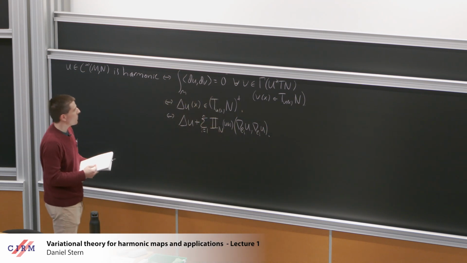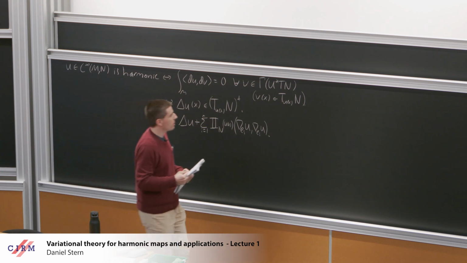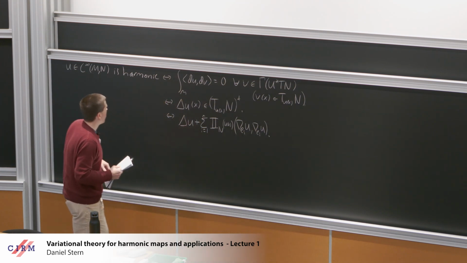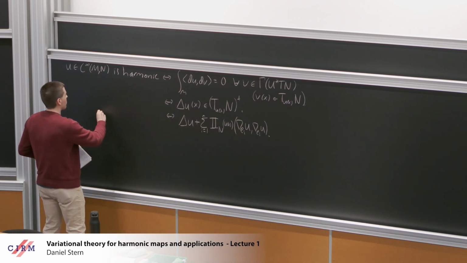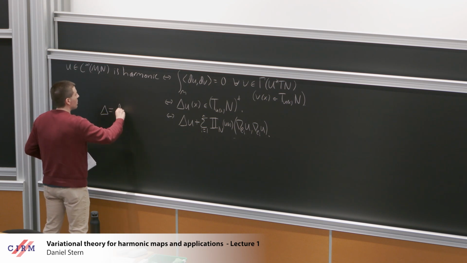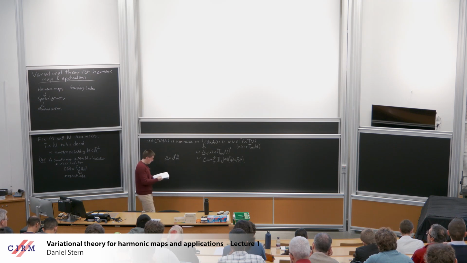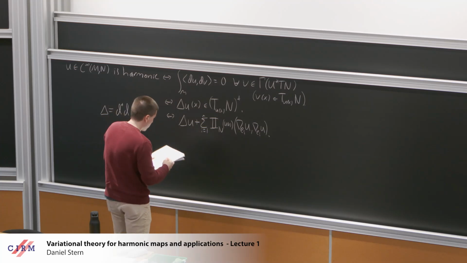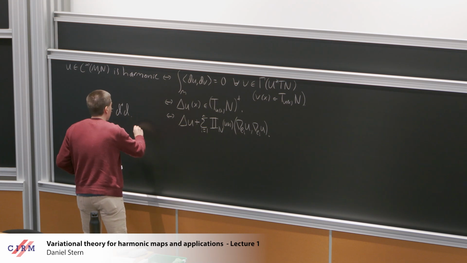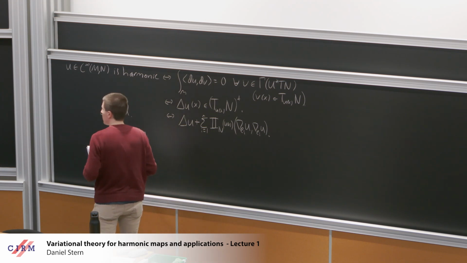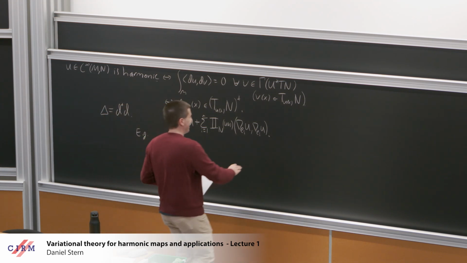I should remark on my sign convention, this is a byproduct of spending too much time with spectral geometers, but Laplacian is always going to be d star d, so minus div grad. So for instance, in the case of the sphere, as Alexei mentioned earlier, the equation is equal 0. Yes, thank you.